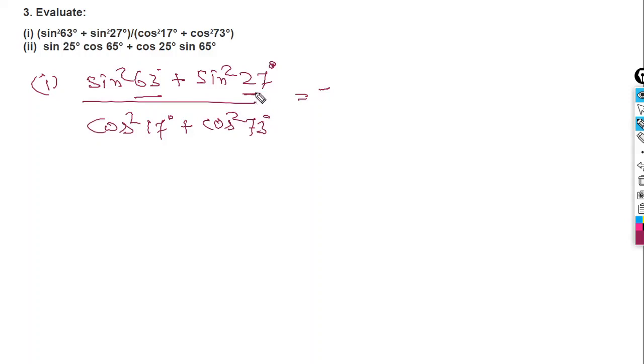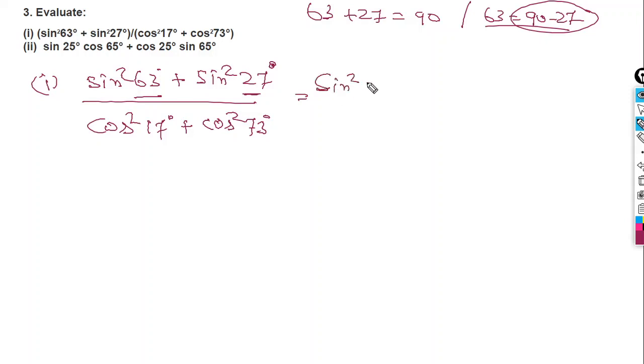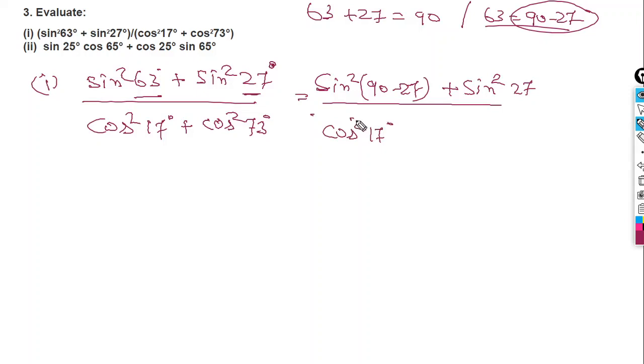That means 63 plus 27 is equal to 90. Therefore we can write 63 equals 90 minus 27, isn't it? That is what we are going to do. So sin square 63, instead of 63 we will write 90 minus 27, plus sin square 27 will keep as it is, divided by, now come to the denominator, cos square 17 degree plus cos square.